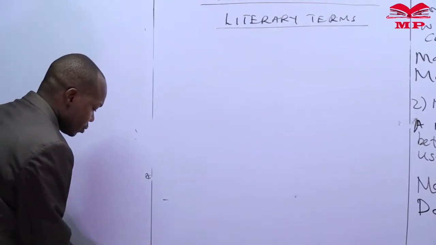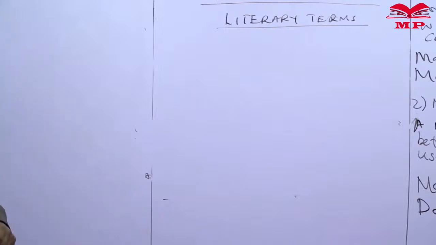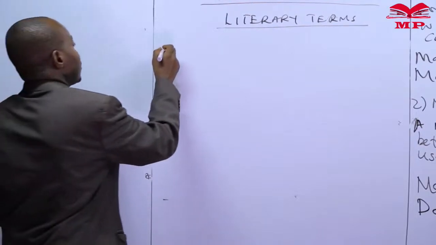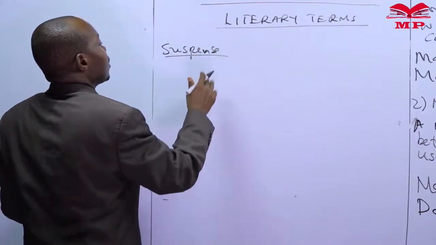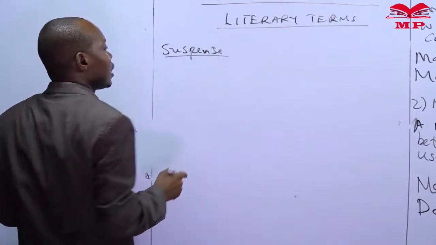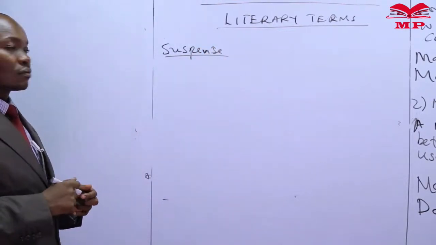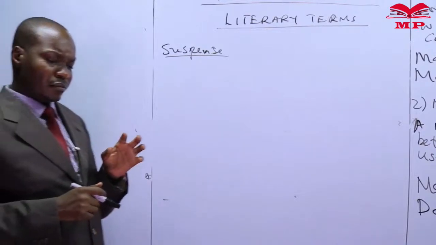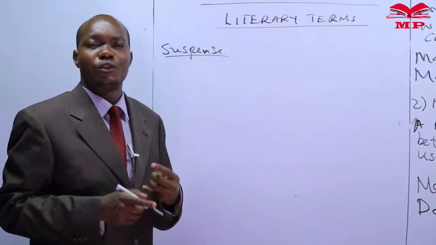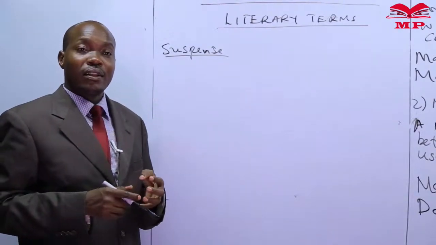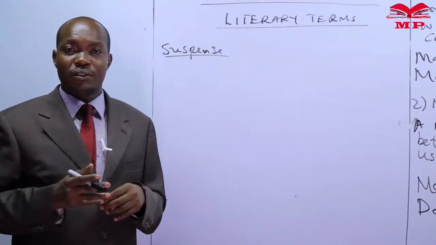The next term that we're going to look at is suspense. Now, suspense means that a writer withholds information that you want to know, then leaves you yearning for it.